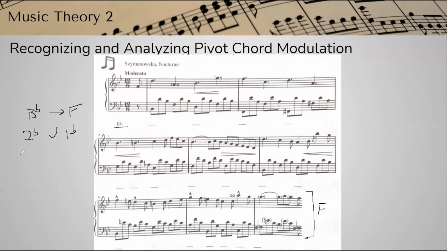B flat would have an E flat in its key, and F major, sorry, would have an E natural. So when we're looking for notes that have accidentals that bring us to the new key, we'd be looking for places where we have E naturals.